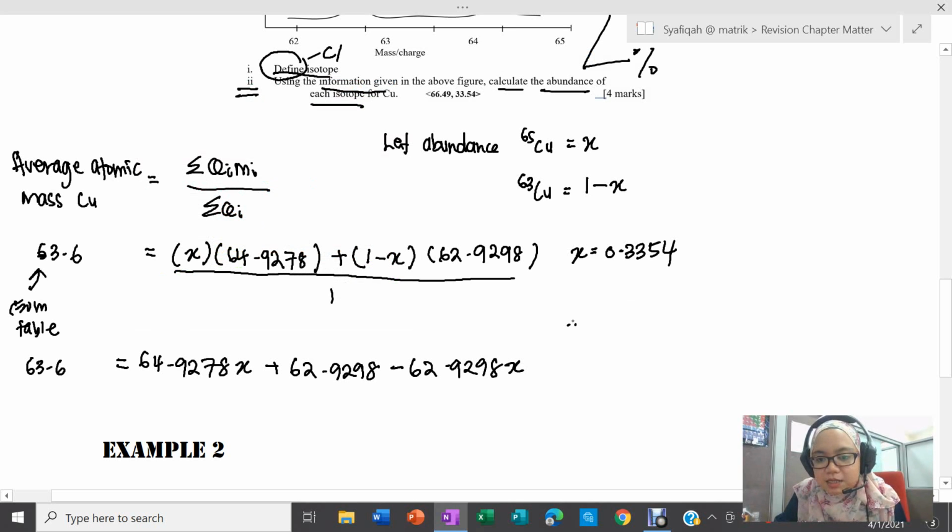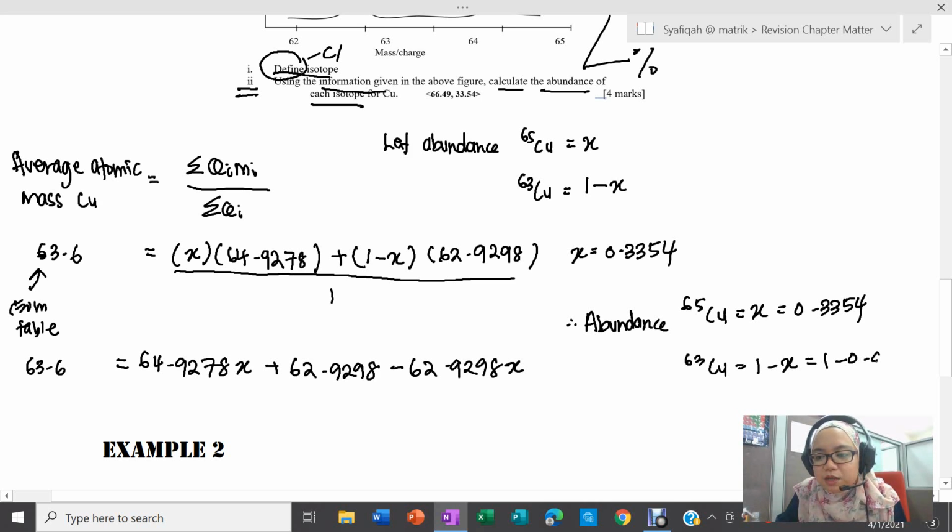Okay, so dekat sini final answer kita boleh cakap abundance of 65 copper is equals to X. So X is equals to 0.3354. Okay, and then kita boleh cari abundance of 63 copper is equals to 1 minus X, is equals to 1 minus 0.3354.